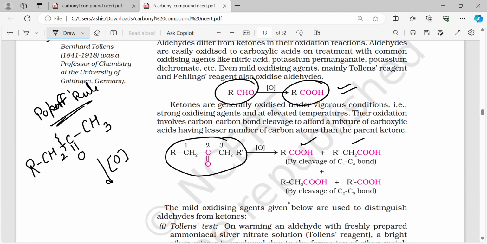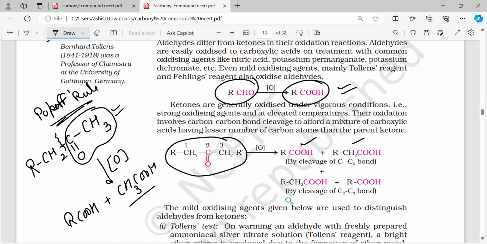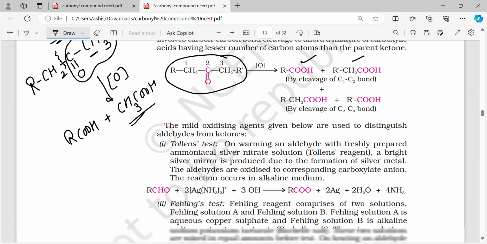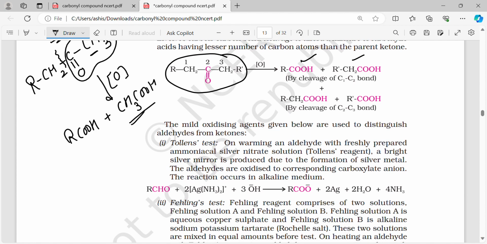So how will this happen? It will happen according to Popoff's rule. Now what is Popoff's rule? According to Popoff's rule, we have to break this bond, meaning the carbonyl group will remain with the lesser carbon alkyl group.